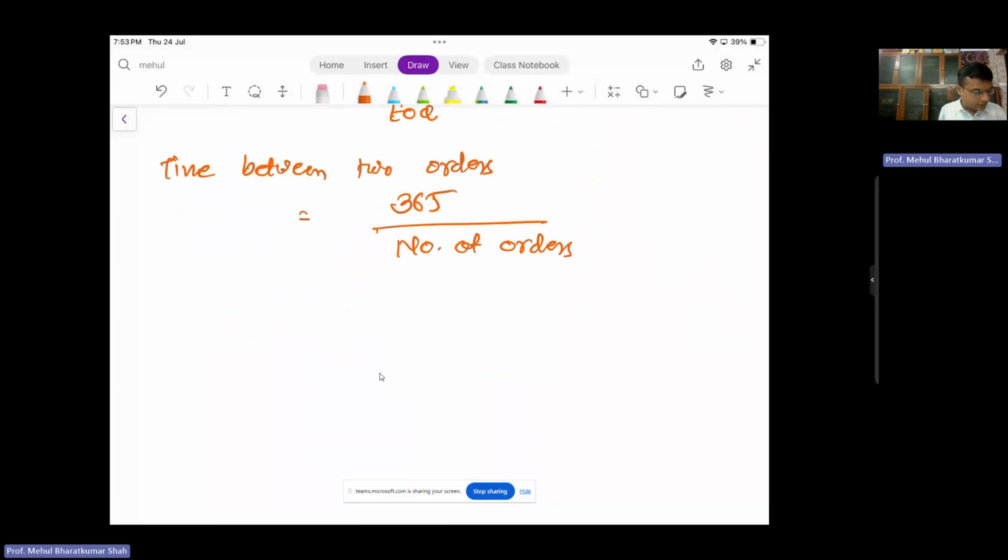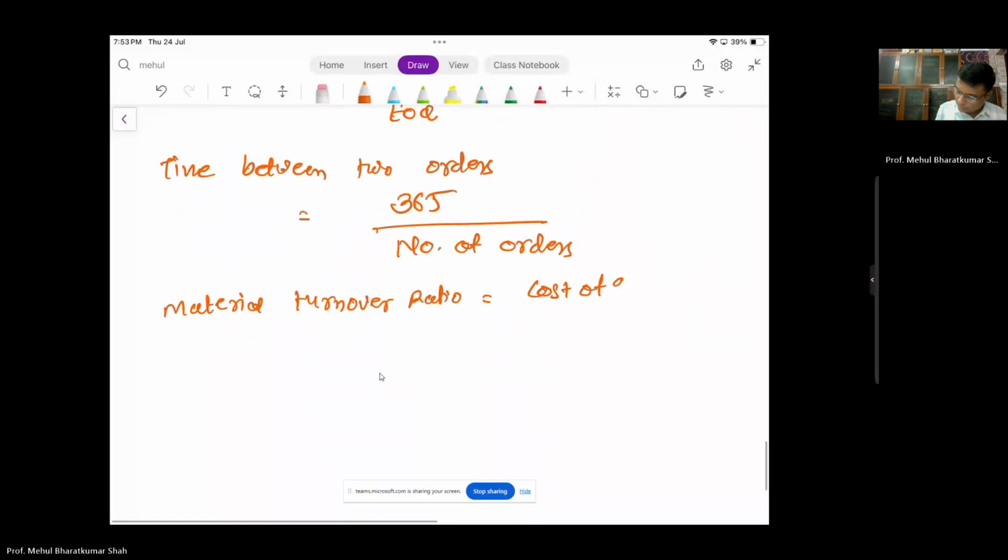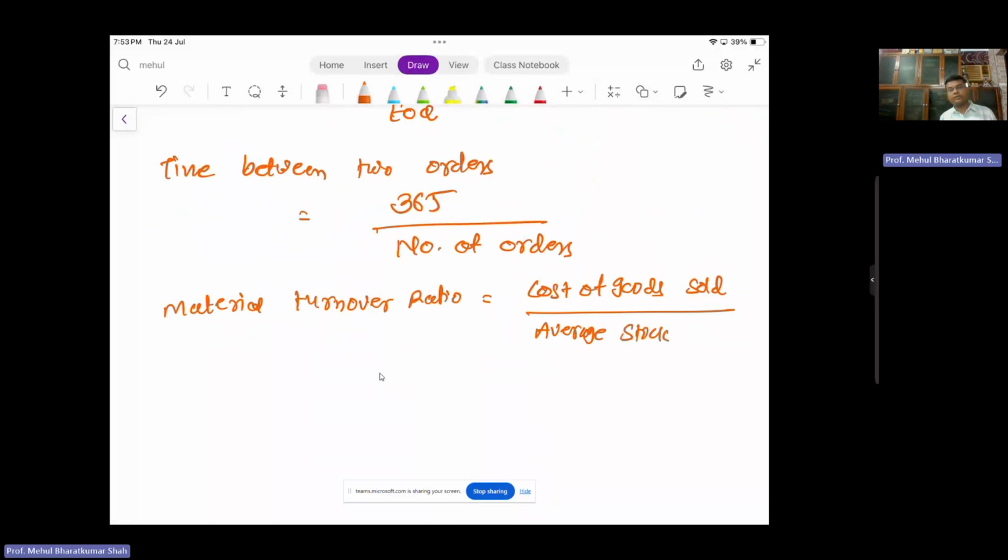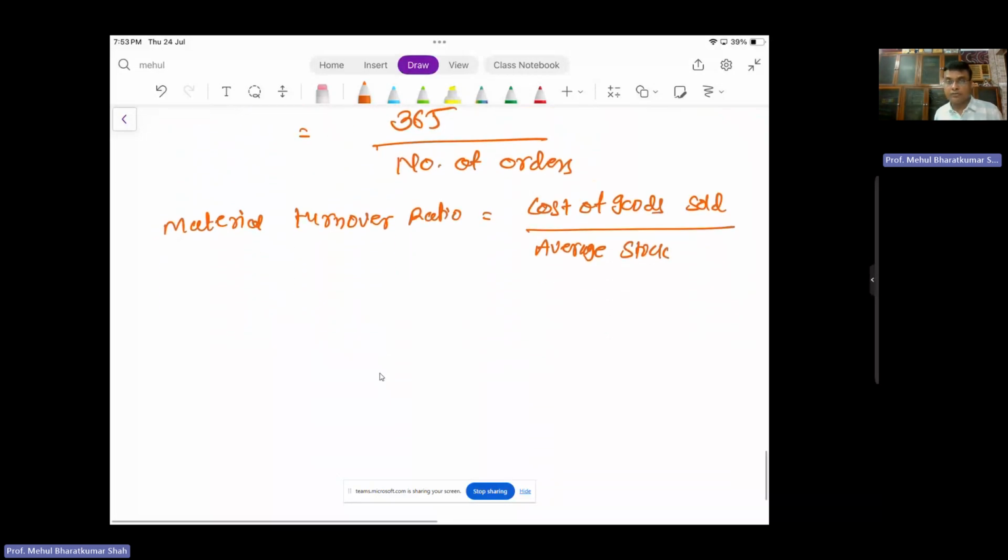Next, material turnover ratio. Material turnover ratio is equal to cost of goods sold divided by average stock. Again, we need to identify how we will calculate the amount of cost of goods sold as well as average stock.